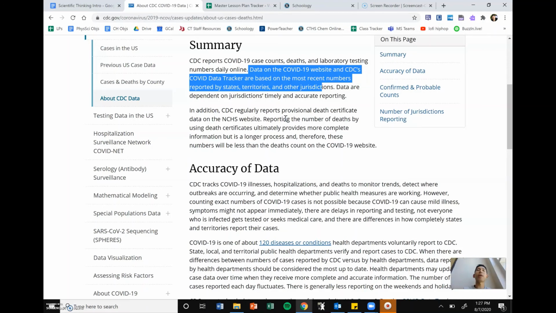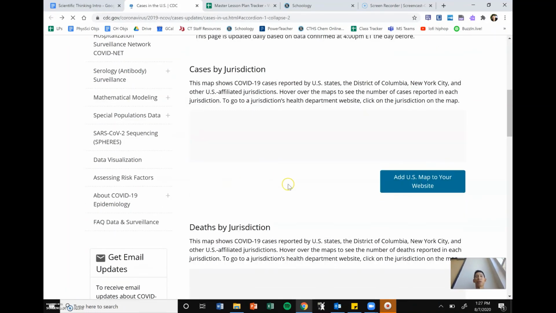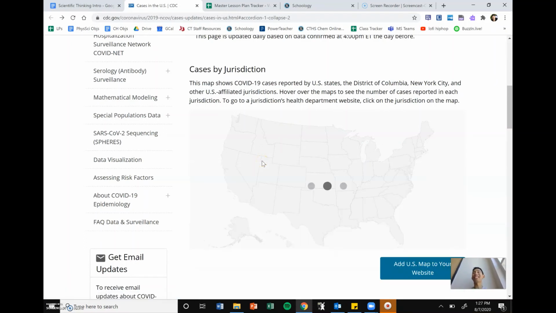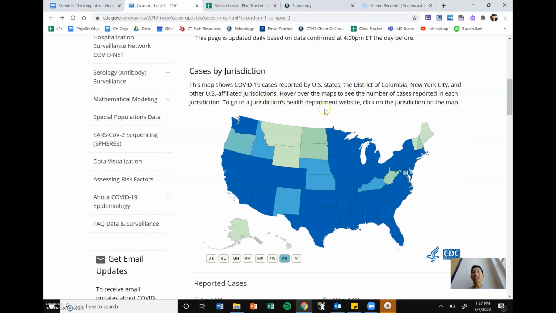So let's think about it. Is this a primary data source or a secondary data source? Well, you could argue that it's a secondary data source because CDC is not doing the actual testing.